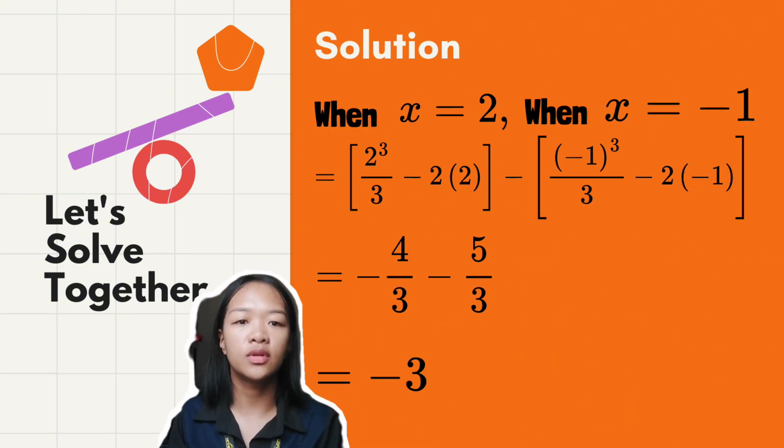Now we will solve the limits when y equals 2, when y equals negative 1. Then in brackets 2 to the power of 3 over 3 minus 2 times 2, minus in brackets negative 1 to the power of 3 over 3 minus 2 times negative 1. Then it will be negative 4 over 3 minus 5 over 3, and the final answer is negative 3.